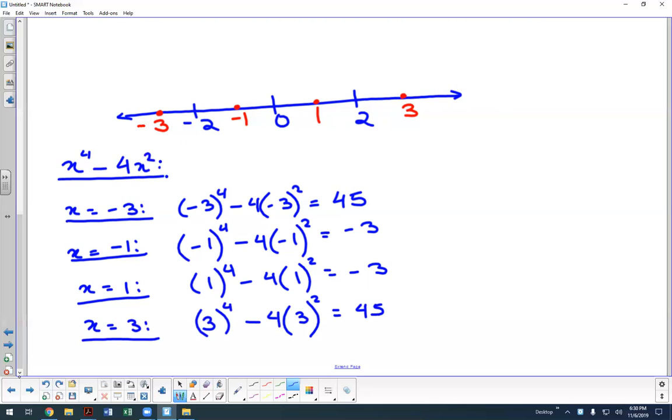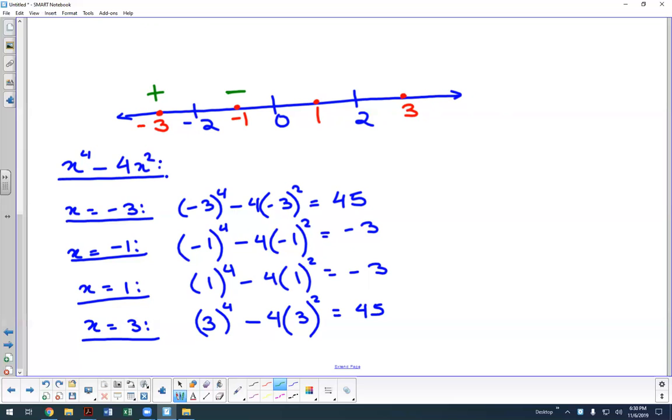And again, you can just plug these numbers in to verify that, but we'd already checked these in example 4, right? Okay, so when we use -3, we got a +45, which means all our y values are going to be positive in that interval. For -1, we got a value of -3, so that tells us in this interval, all our y values are going to be negative.